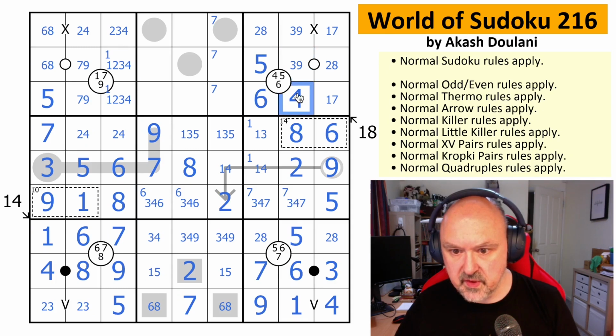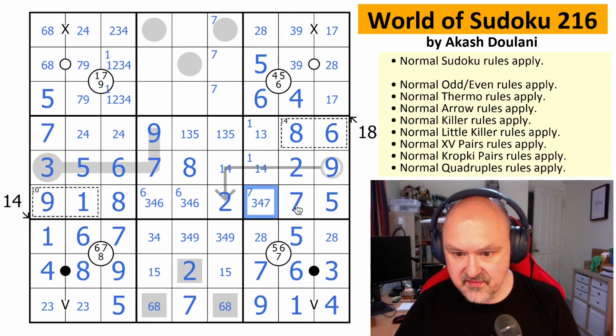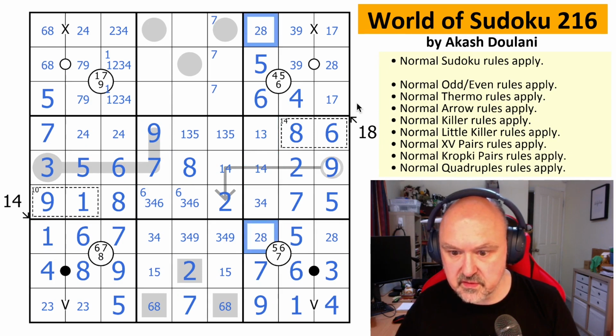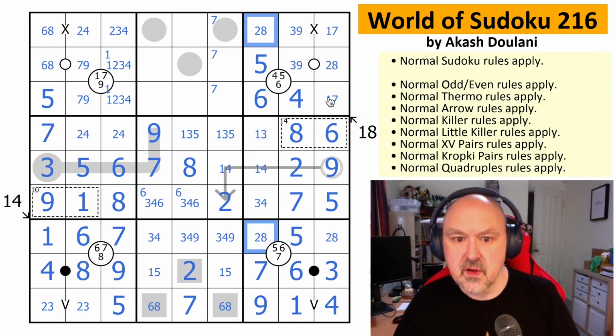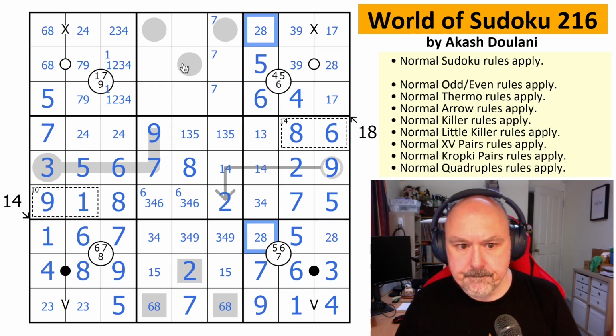Wait a minute. 4 can't go there. 3, 9 makes that 7, so that is not 7. This is a 1, 3, 4 triple. There's no 7 there. So this is a 1, 3, 4 triple, which works with the 2, 8 I've got. This is a very strange puzzle.